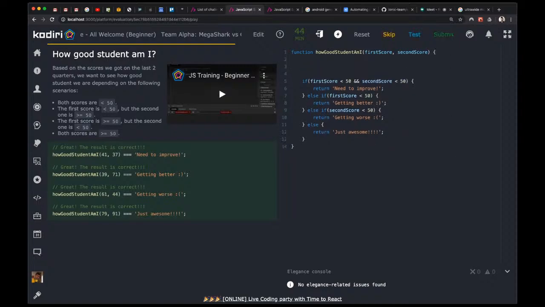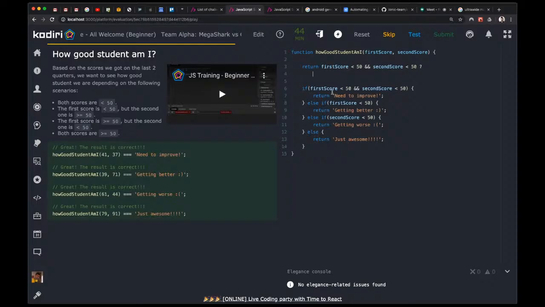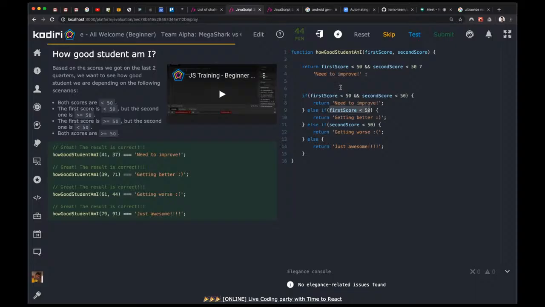So we could do return. I'm gonna do some copy pasting. So if both the scores are less than 50, need to improve. Else, if the first score is less than 50, getting better.